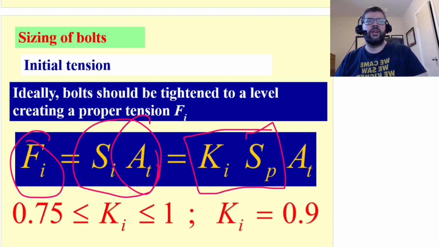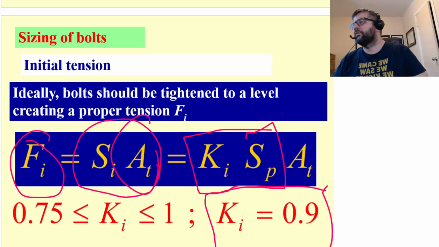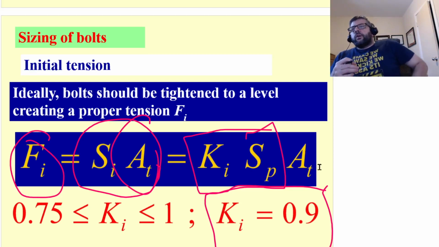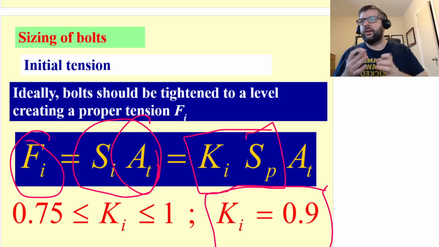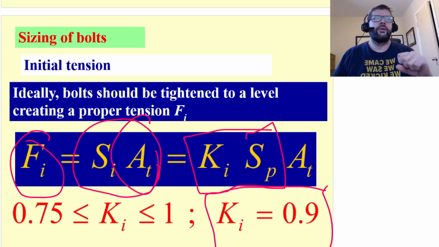And that stress level that's caused can be considered as a portion of the proof strength. Typically, you're going to want to load up your bolts to between 3/4 and 100% of your proof strength. A value of 0.9 is reasonable. For most applications, you want to make these tight, fairly close to your proof strength, because the point of bolts is to maintain a nice tight connection that holds your joint together.